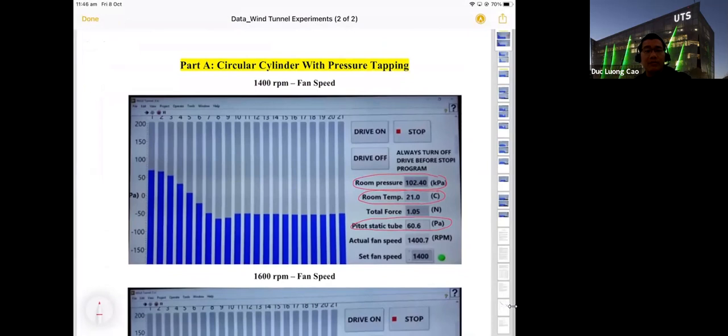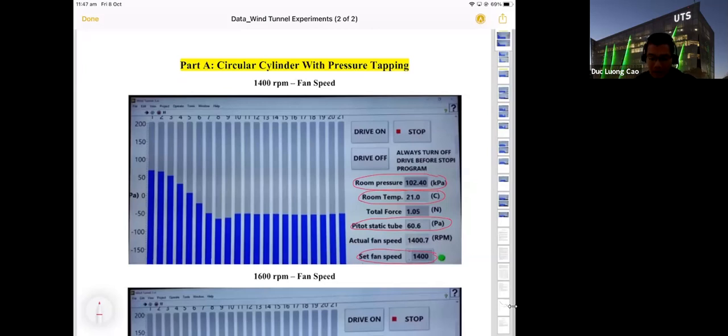It means that now, with the fan speed at 1400, the dynamic pressure inside the chamber is 60.6 Pascal. In here you have the set fan speed and actual fan speed. The fan will be used to control the test rate. You can increase or decrease the fan speed with this set fan speed.